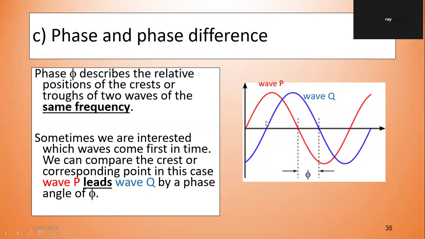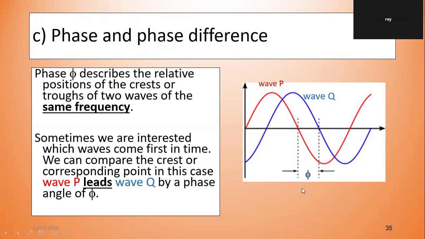So we can identify the corresponding position, this one with P and this same point Q. In terms of time, wave P comes first, so we say it leads. Or we can use the crest and the corresponding crest. Wave P leads wave Q.